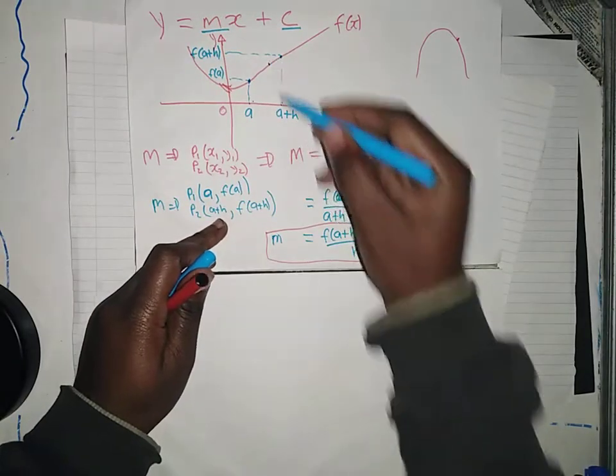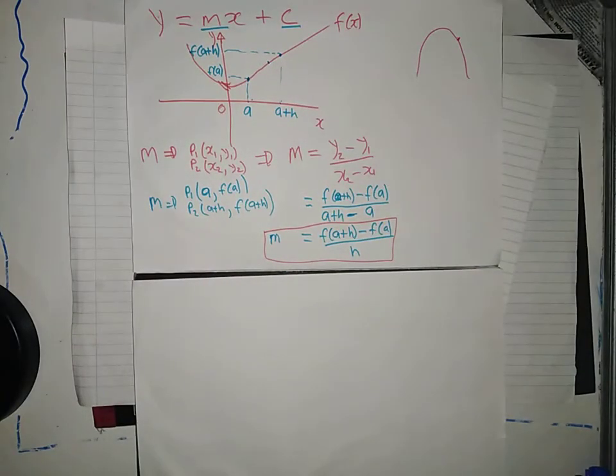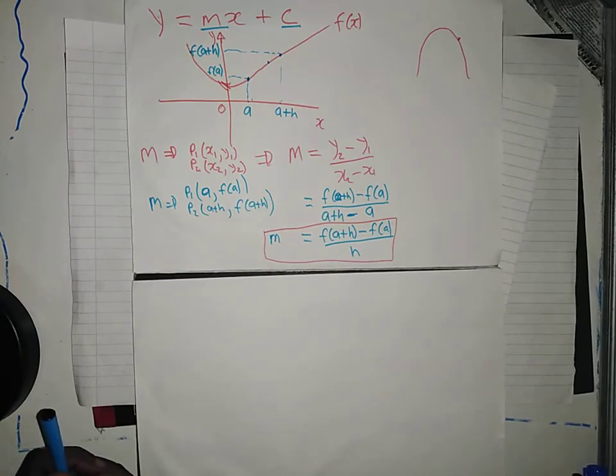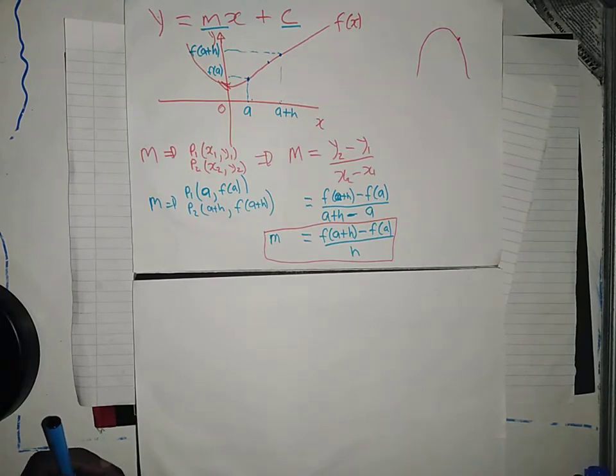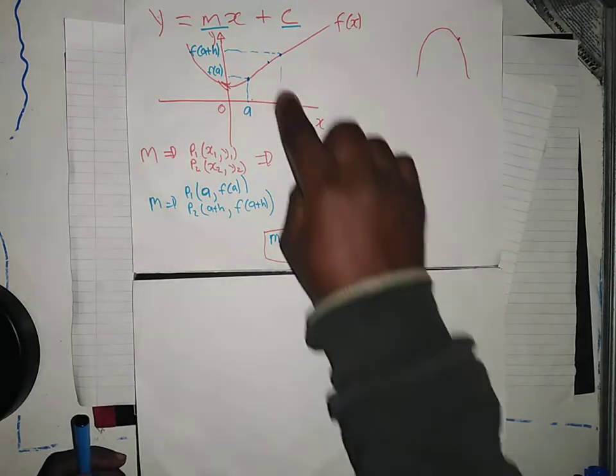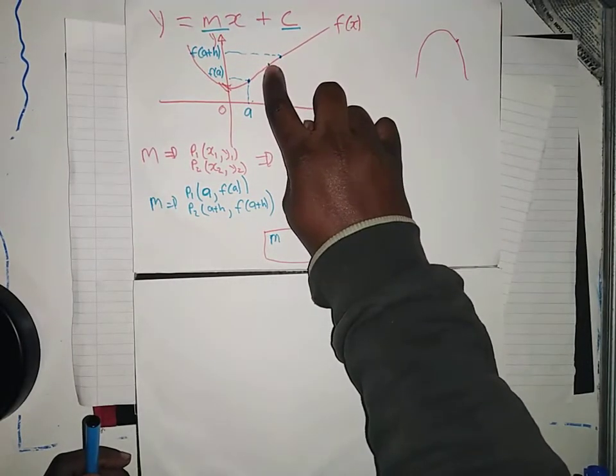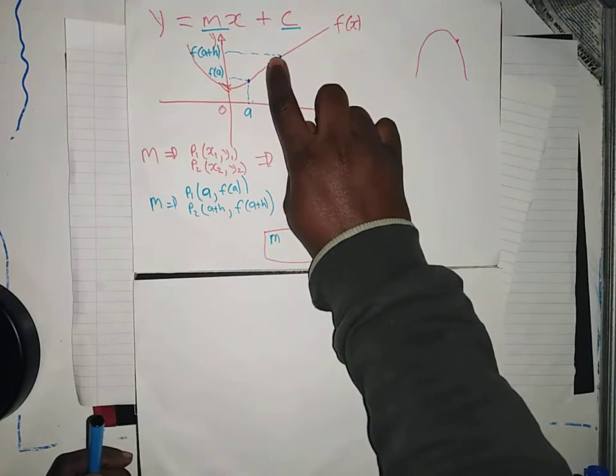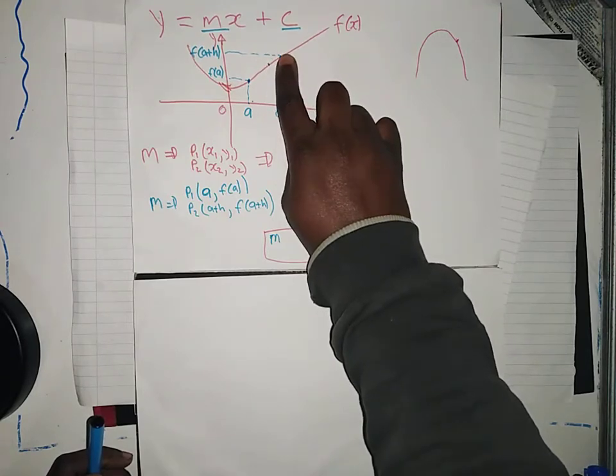Then you can find the x and the y value of that point, and then you can find an approximate of a gradient. We don't have time to do that, but the approximate of this gradient here is going to be much better than this one.